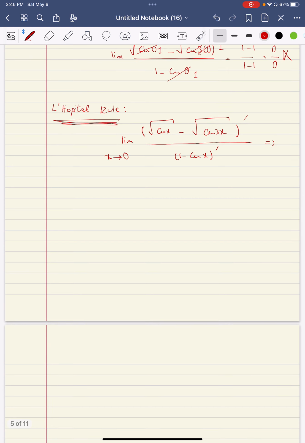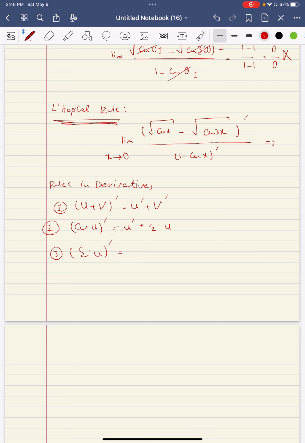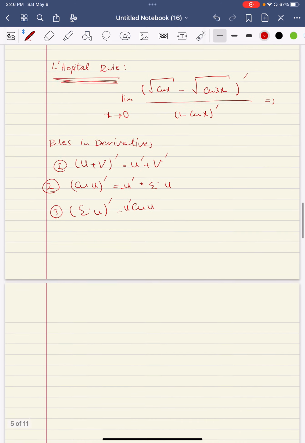So again, rules in derivatives. We had several rules. Rule 1 was u plus v prime, or derivative of u plus v equals u prime plus v prime. The other one was cosine u prime equals negative u prime times sine u. The third one is sine u prime equals u prime times cosine u.